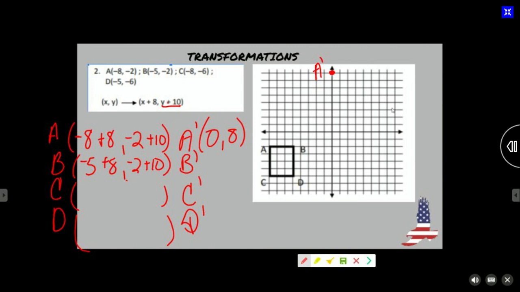B prime, negative 5 plus 8. What do I get? Positive 3. Negative 2 plus 10.